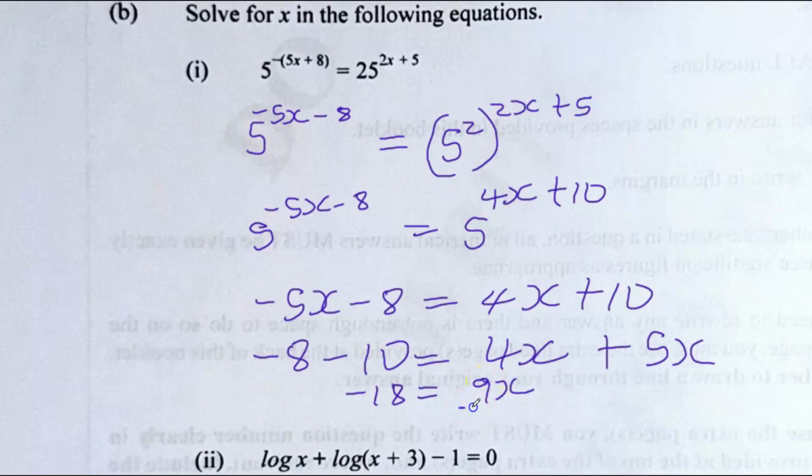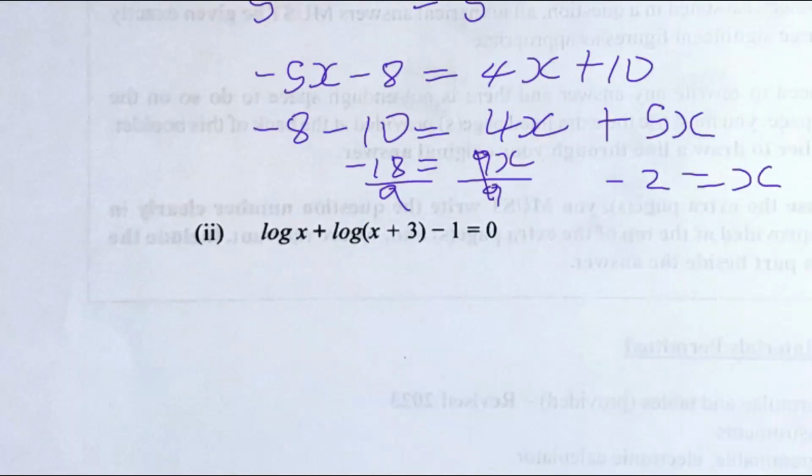To solve for x, we divide both sides by 9. So x is equal to minus 18 divided by 9, that's minus 2. So x is equal to minus 2 is our solution. Let's move to B part 2.